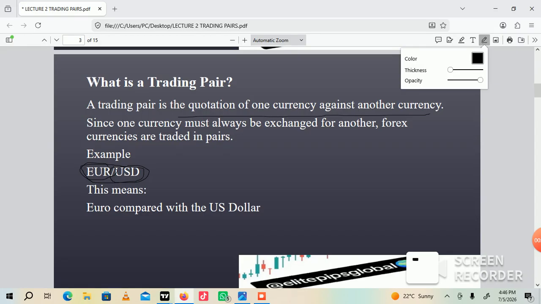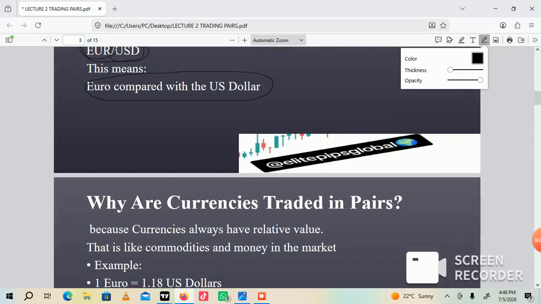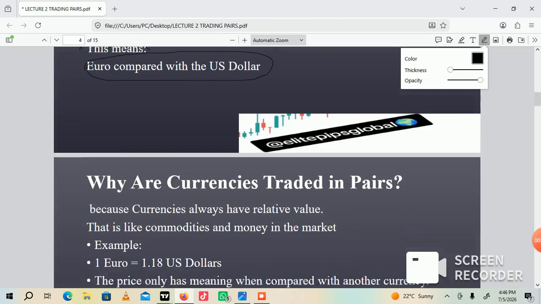As we discussed about what forex trading is, forex trading is just a foreign exchange market. Due to the interchanging and the fluctuation of the price, one trader is going to be profitable. So this means euro is compared with USD.